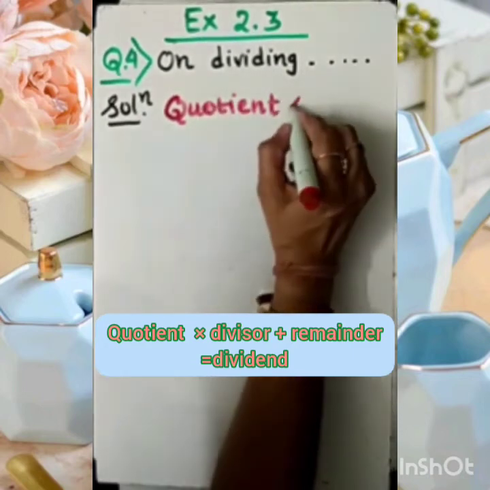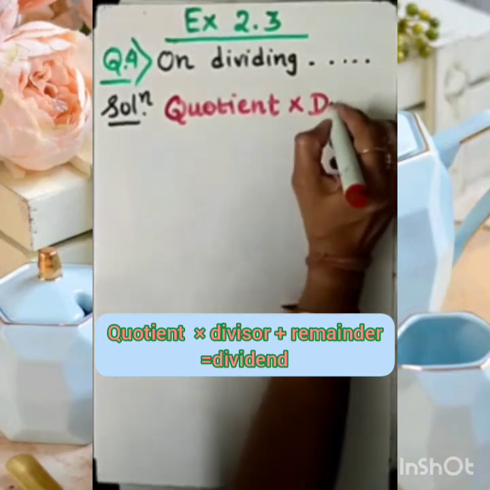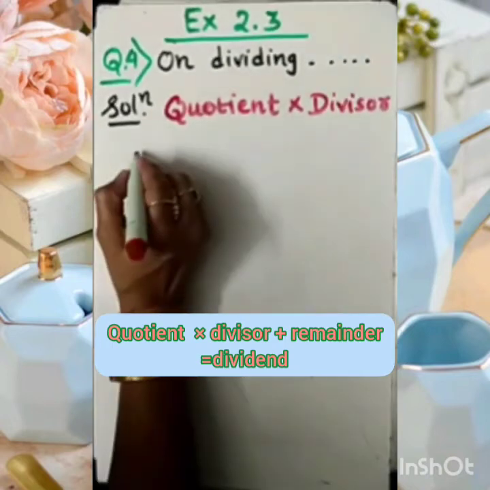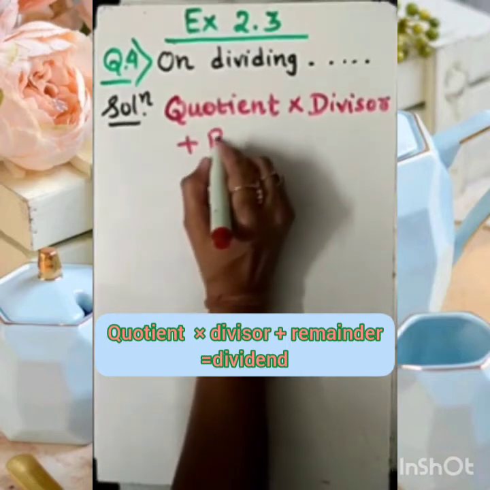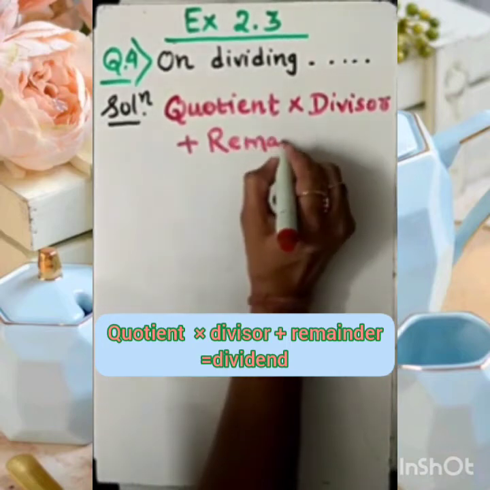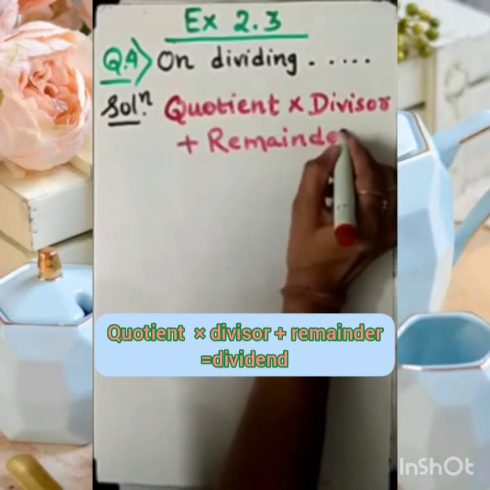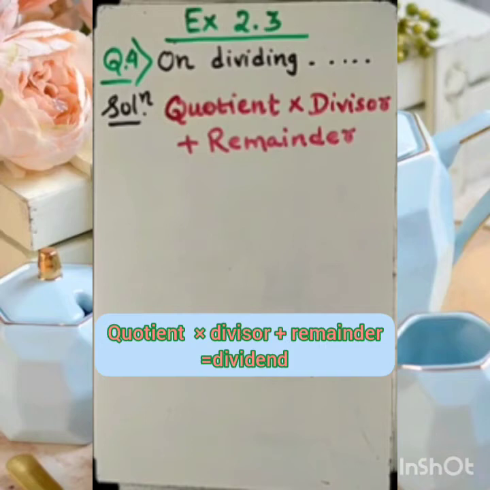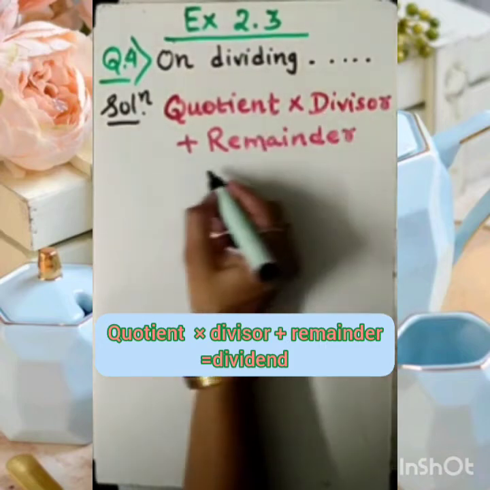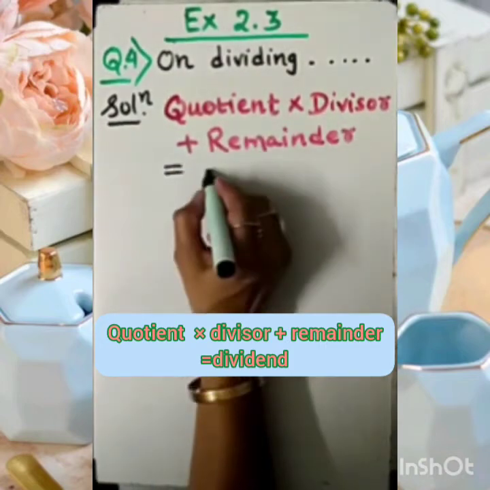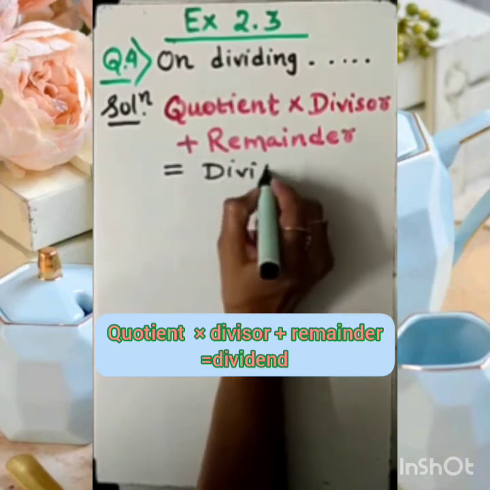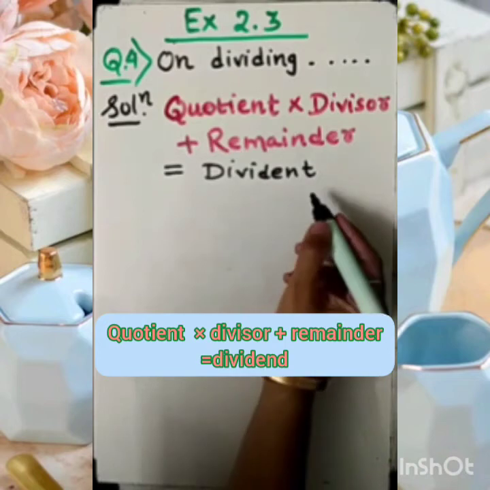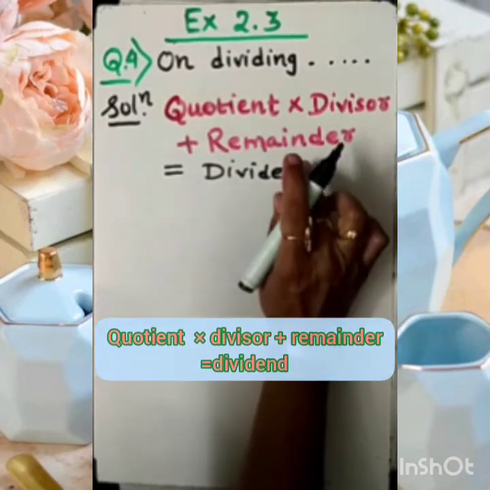Please keep this formula in mind. Quotient into divisor plus remainder equal to dividend. Quotient into divisor plus remainder, that will be equal to dividend. Already we have studied this formula in our previous classes.